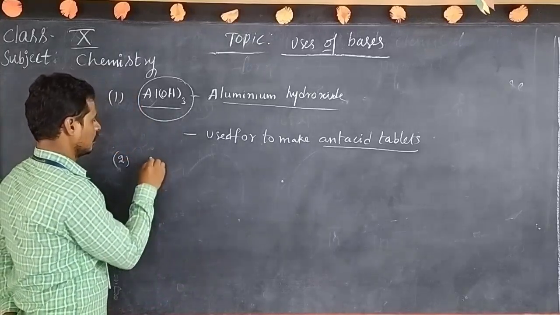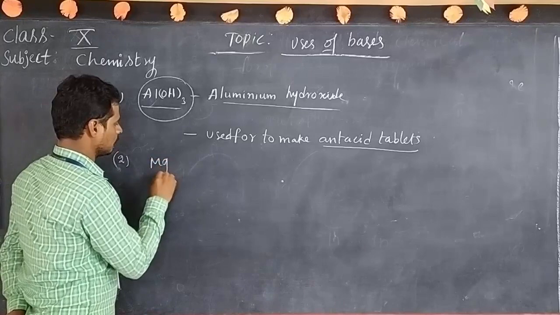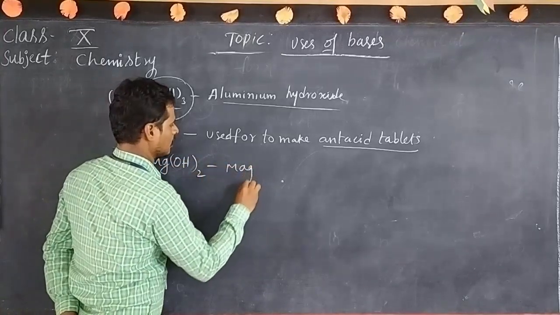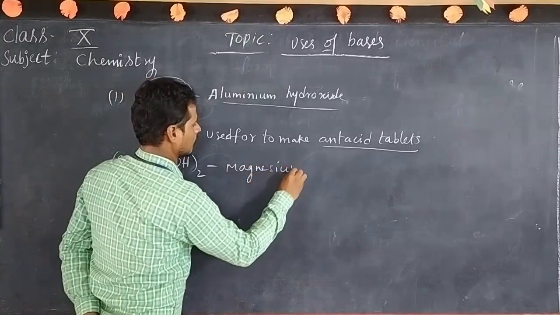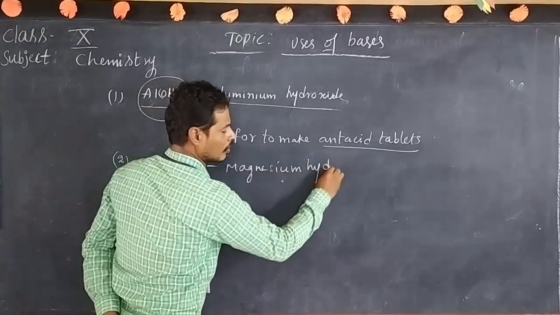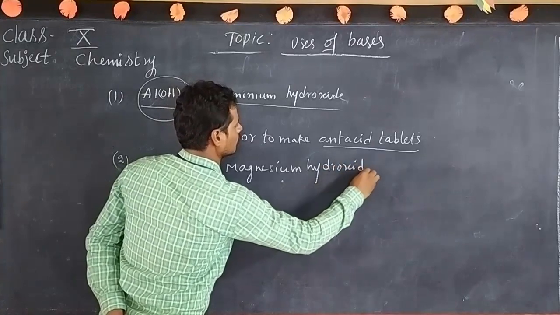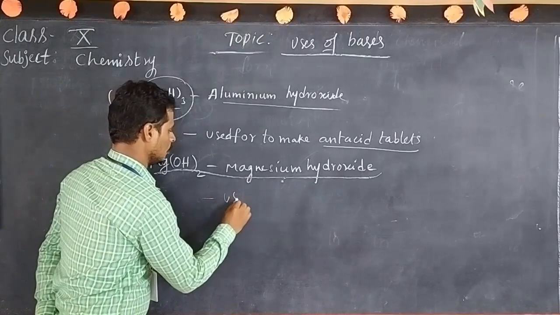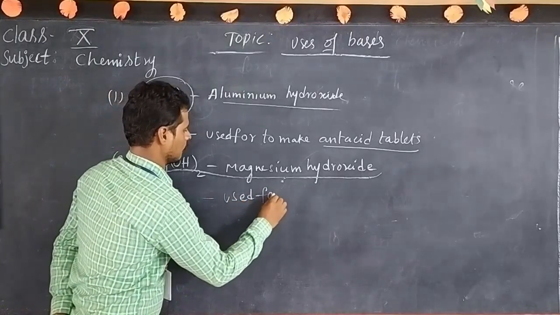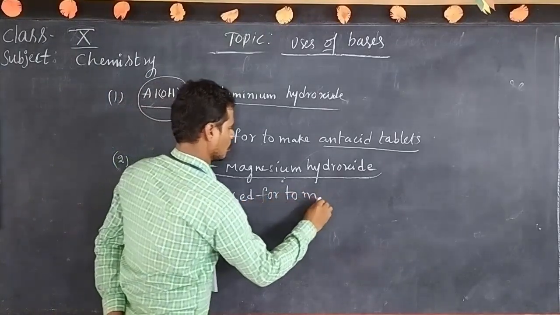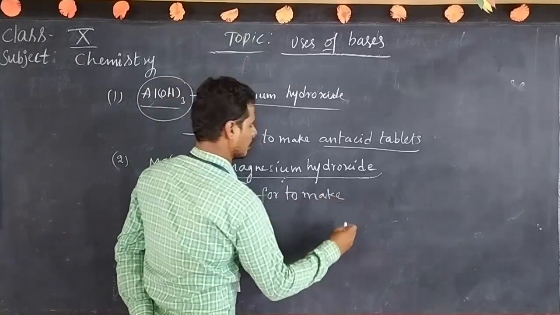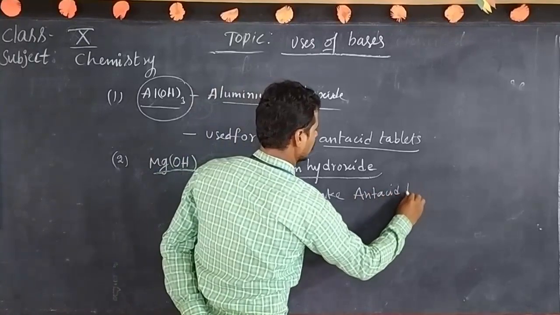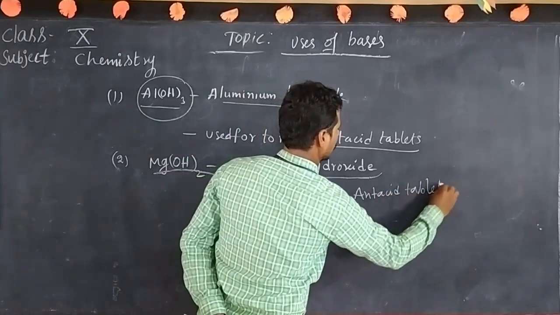Second one is magnesium hydroxide. The name is magnesium hydroxide. It is used to make antacid tablets.